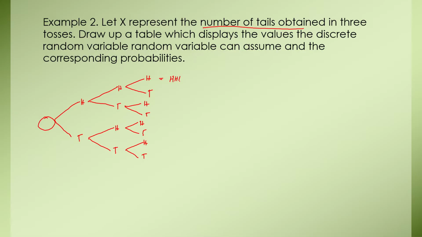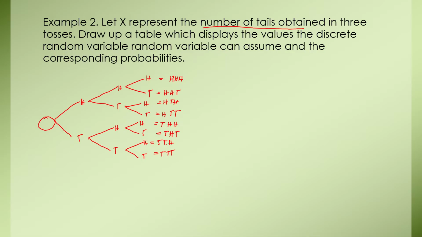We have head, head, head; head, head, tail; head, tail, head; head, tail, tail; tail, head, head; tail, head, tail; tail, tail, head; and the last one, tail, tail, tail.